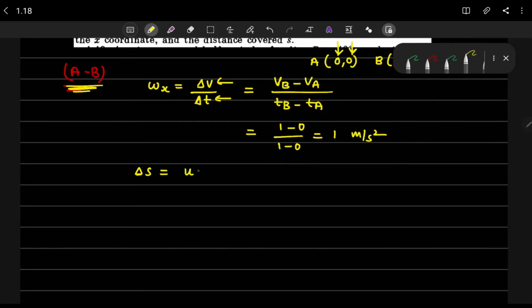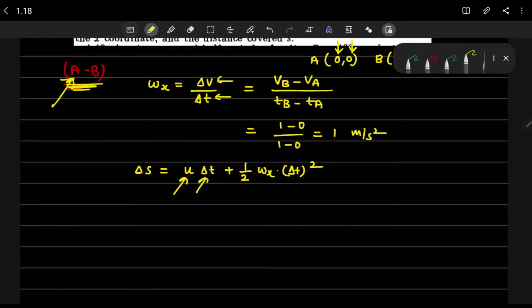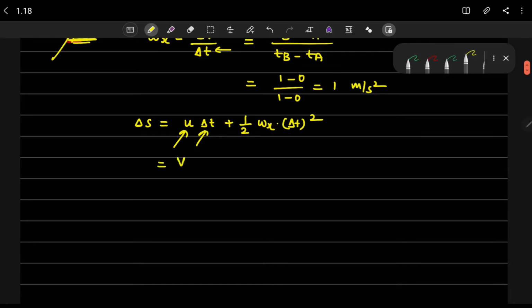We can write u delta t plus half wx delta t whole squared. Here u is the initial velocity, that is at point A in the region A to B, and delta t is the time interval between point A and any point between A and B. So we can write velocity at A into (t minus 0) plus half wx into (t minus 0) whole squared. The first term is 0 as the velocity at point A is 0.